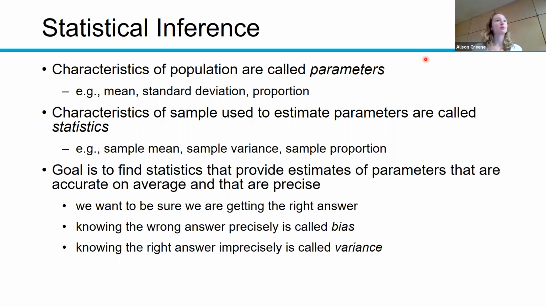The estimates of the parameters that you calculate from your sample are called statistics, and those are your sample mean, your sample variance, and your sample proportion, which are being used to, again, estimate and make inferences from a smaller sample about a larger population. And our goal is to find the statistics that provide estimates of parameters that are accurate on average and precise to our true population parameters.